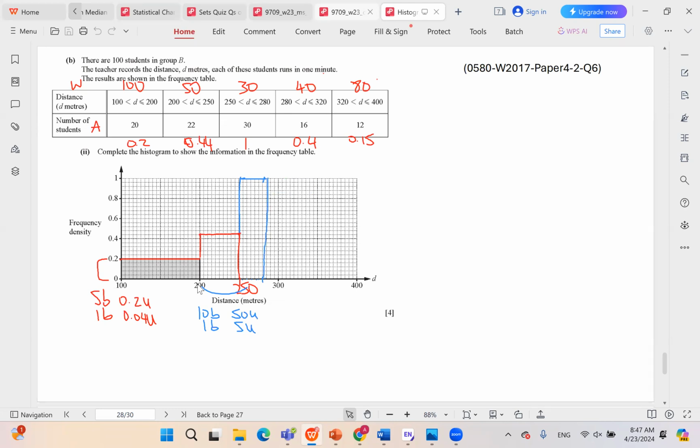Might be slightly inaccurate. Let me do this again. There it is. Now, for the next bar, we have a height of 0.4, and it goes from 280 to 320. So to go to 320, first let's count the boxes on the x-axis. We said that one box is 5 units, so 305, 310, 315, and 320. So there is our 320.